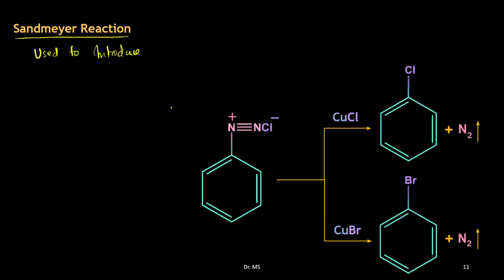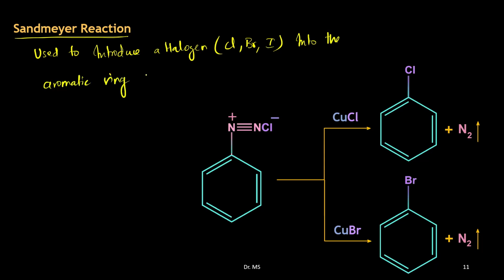So remember, this is used to introduce a halogen. And what are the halogens here? It could be chlorine or bromine, or you can also use iodine as well. And where are you introducing the halogen? Into the aromatic ring, or you can say the arene group. And how are you introducing that?